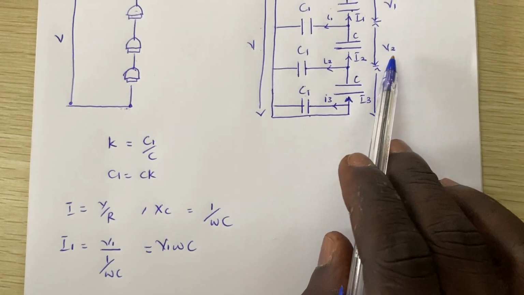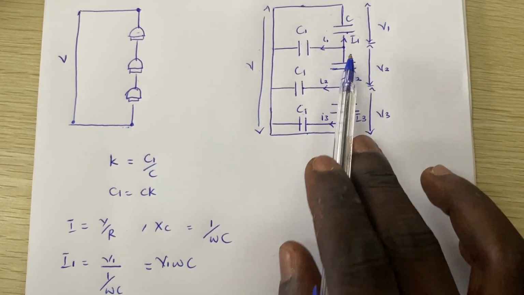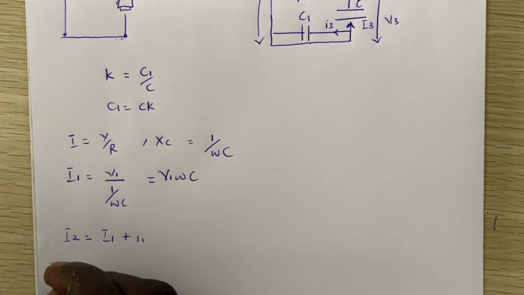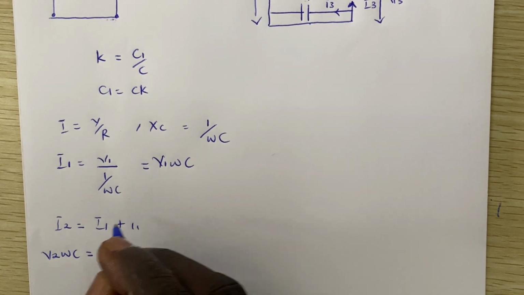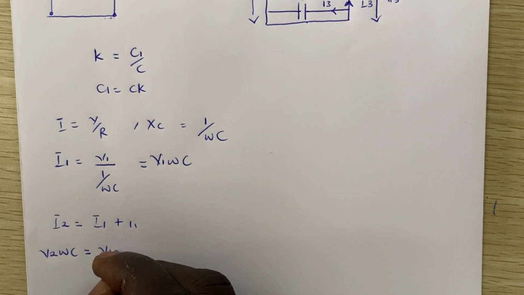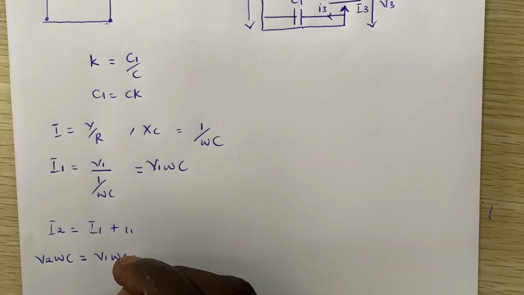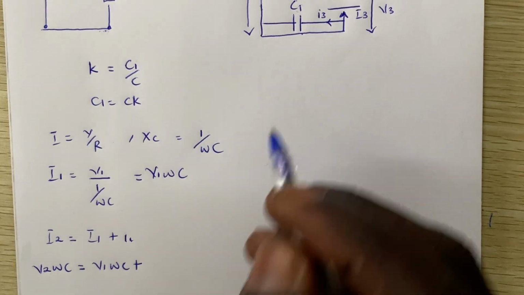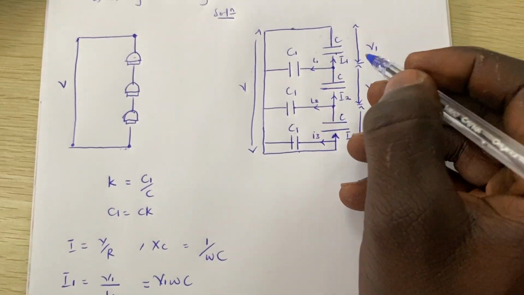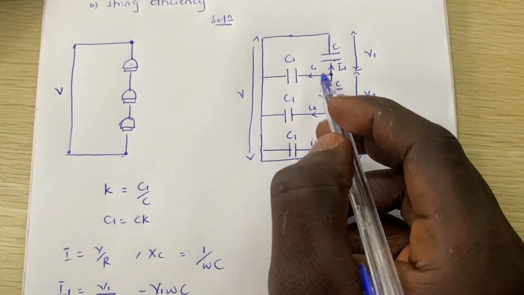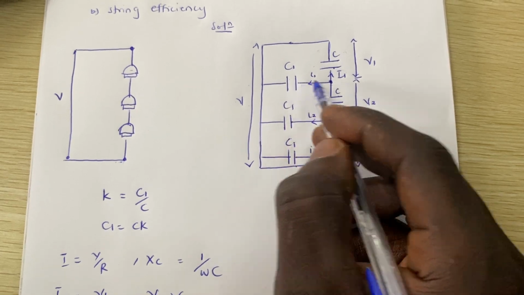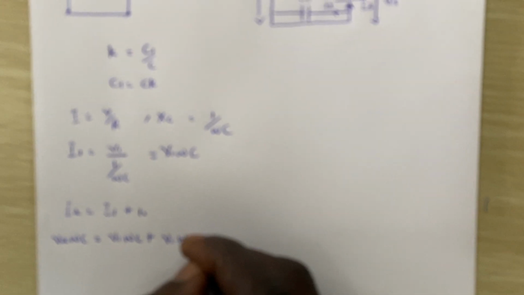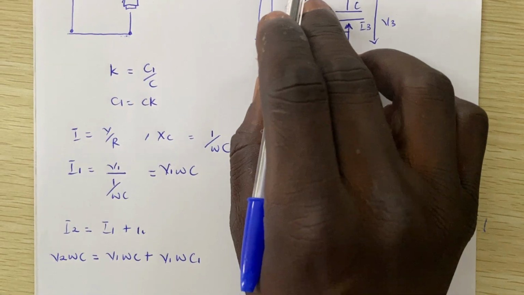So it's just V2 divided by this capacitance, which is 1 over omega C, right? So I2 is going to give us V2 omega C, and then I1 is also going to give us V1 omega C, plus small i1, and small i1 is going to be the voltage at this particular node divided by the capacitance here, which is also going to give us V1 omega C1 based on our capacitor.